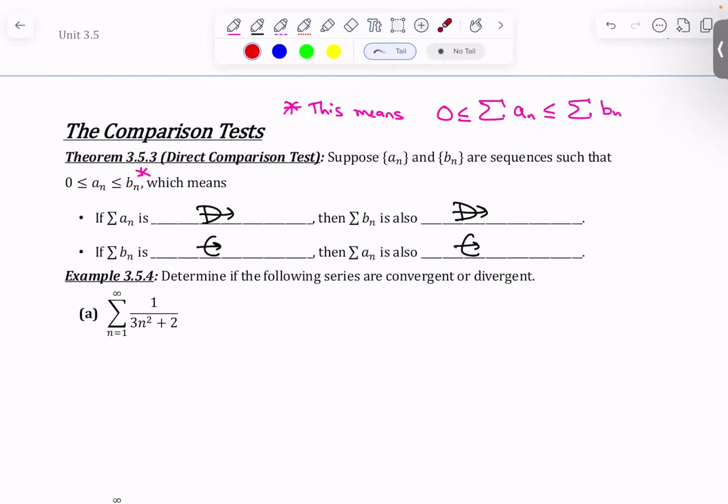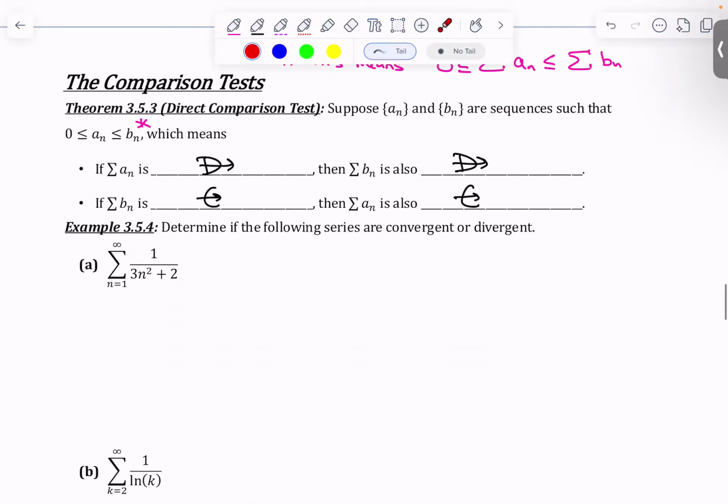So if the series of a sub n is divergent, that means it blows up to infinity. So b sub n is larger than infinity, meaning it also has to blow up. If b sub n is convergent, it's finite, which means the series of a sub n is also finite. It has to be because it's sandwiched between 0 and b sub n. So this is one of those that makes sense immediately. It's great.